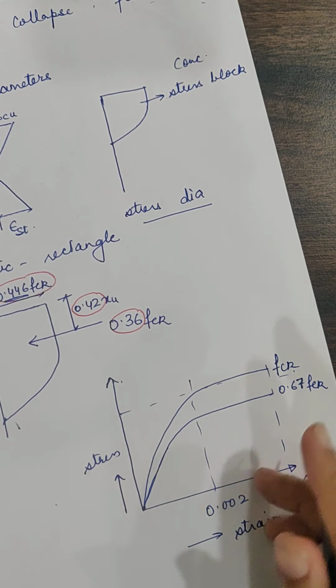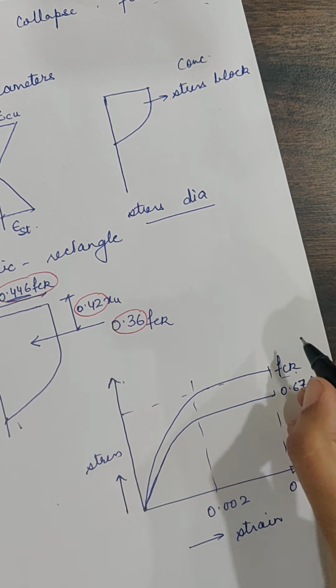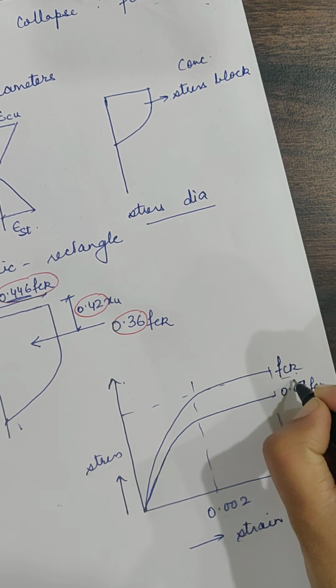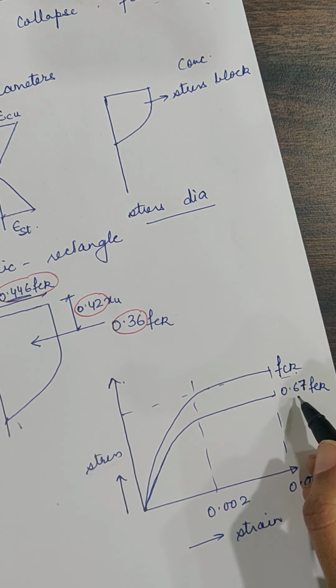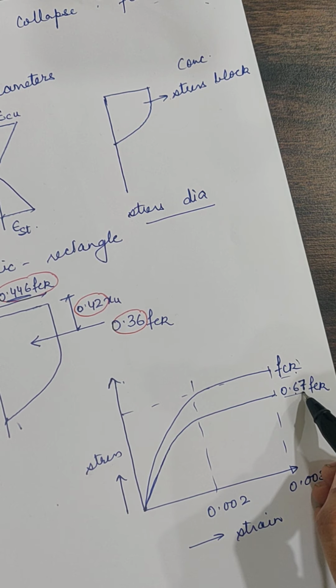Now why this factor of 0.67? Because this FCK, this strength of concrete, we got it in cubes. Now in actual structural elements, you will not be having cubes. You will be having a flexural member, a member that is different from a cube. So in order to compensate for the change in stresses that is there in cube and in other structural elements, the code says we will reduce the value of FCK by multiplying it with the factor 0.67.